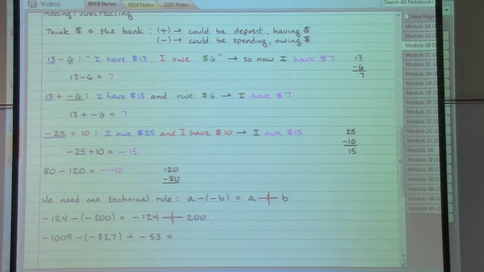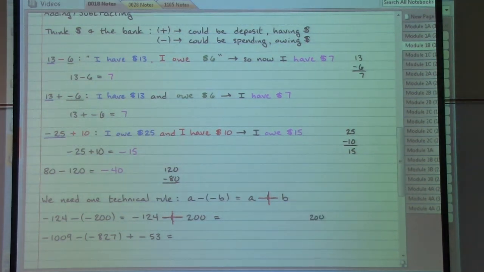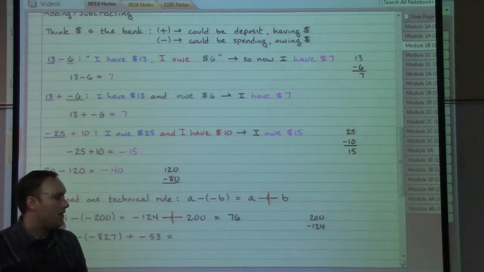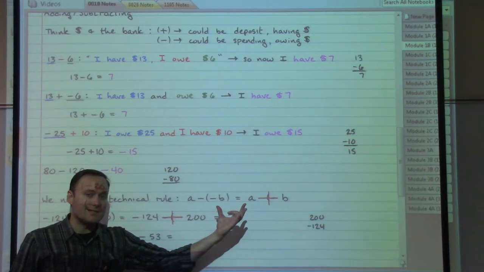Using my practical experience with money, I recognize that I will have money left over. And again, off to the side, I can work out with a little bit of subtraction my final answer. Having money means positive answer. I will get 76. So I have $76. My math answer is a positive 76.